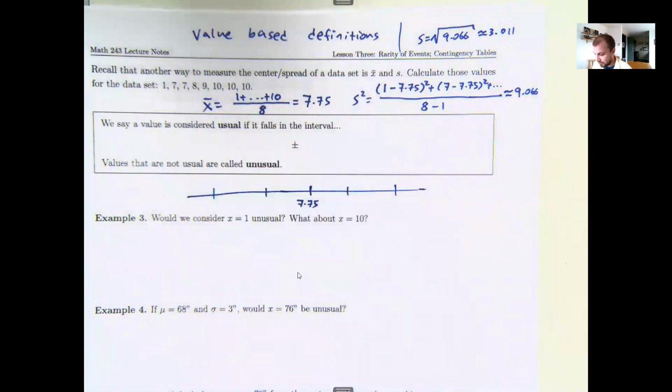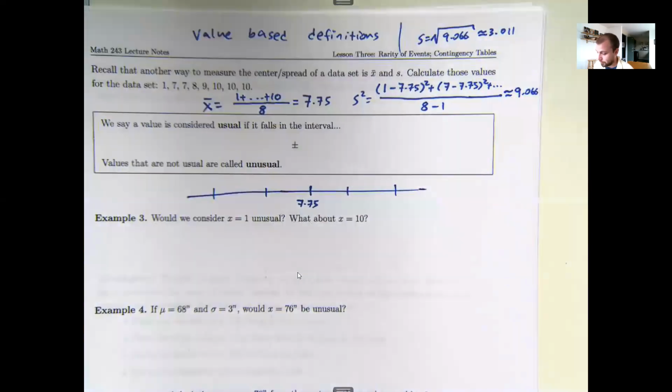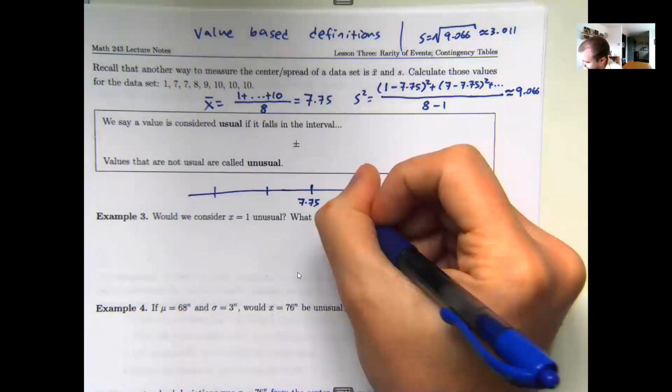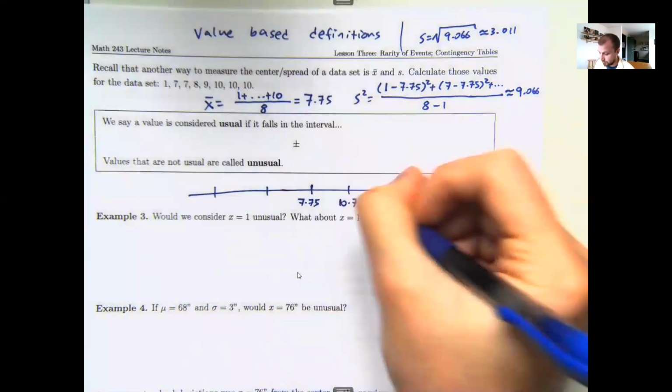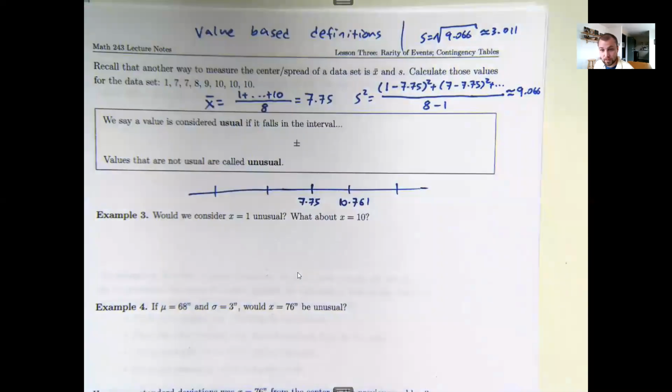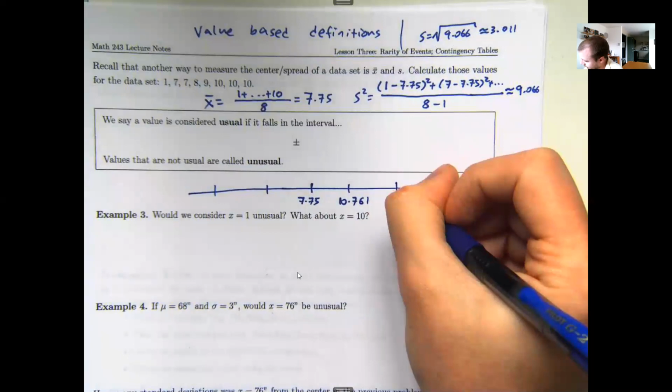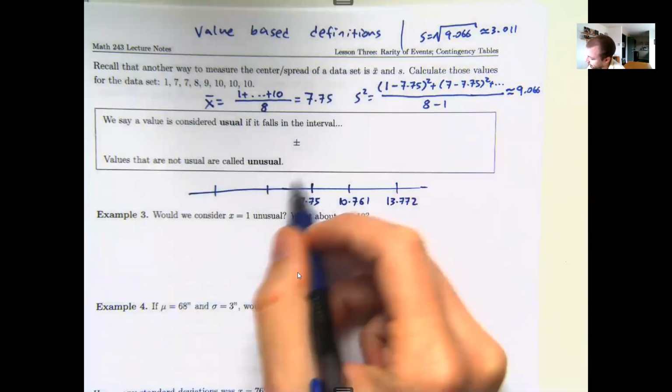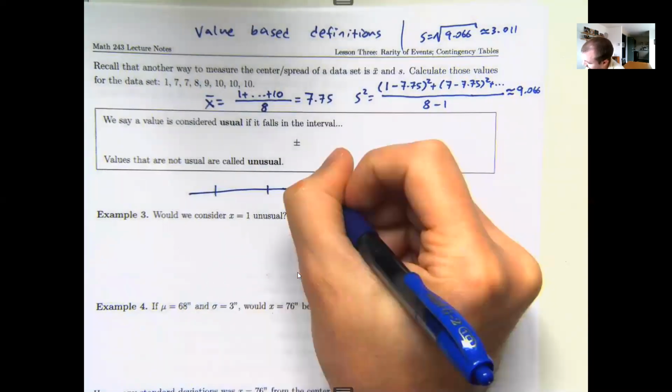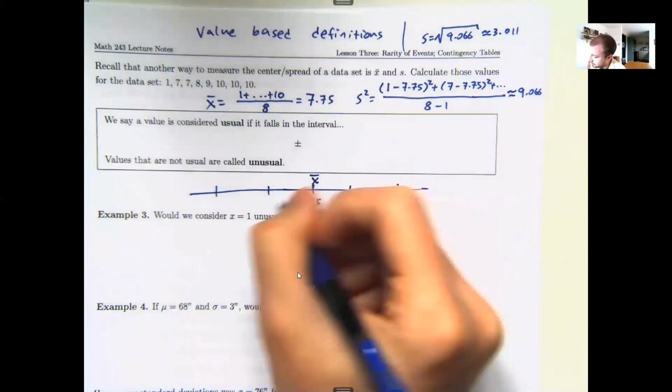So let's do that. I have 7.75 plus 3.011. This gives me 10.761 here. I'm going to add 3.011 again, 13.772. In the opposite direction, I'm starting at the center, and I'm going to be subtracting standard deviation.